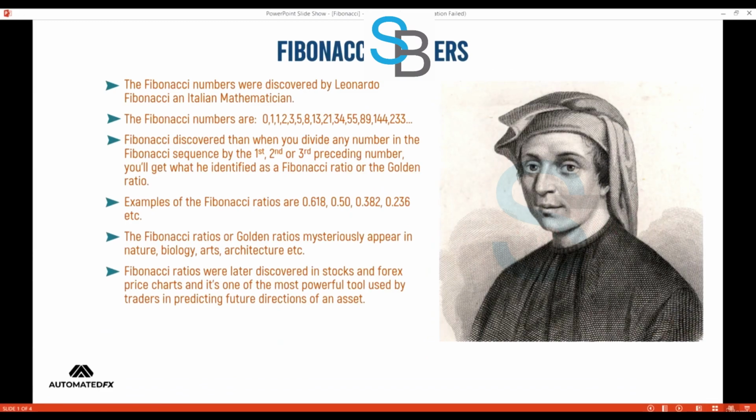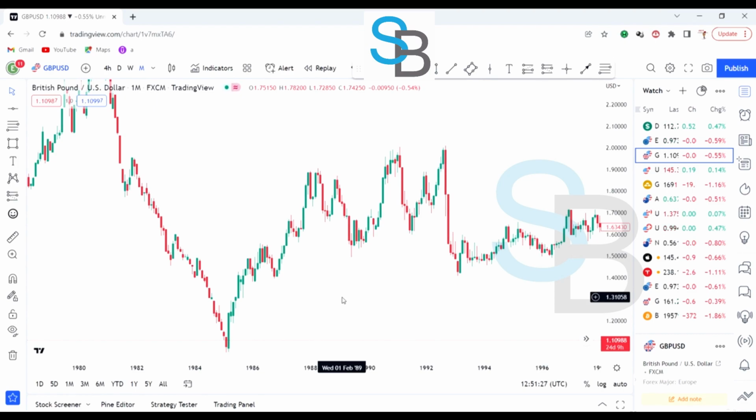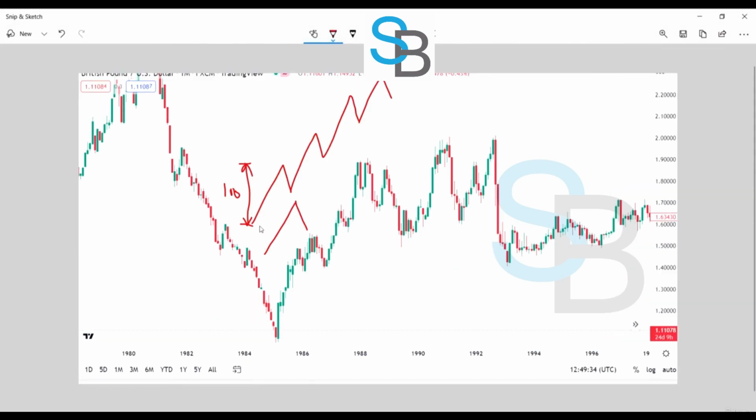So over time, traders have come to realize that these three Fibonacci numbers, the 0.618, 0.5, and 0.38, are the most powerful numbers, and price tends to retrace to them. So when a market is trending and there is a retracement or correction happening, prices have higher chances of retracing to either of those three levels.